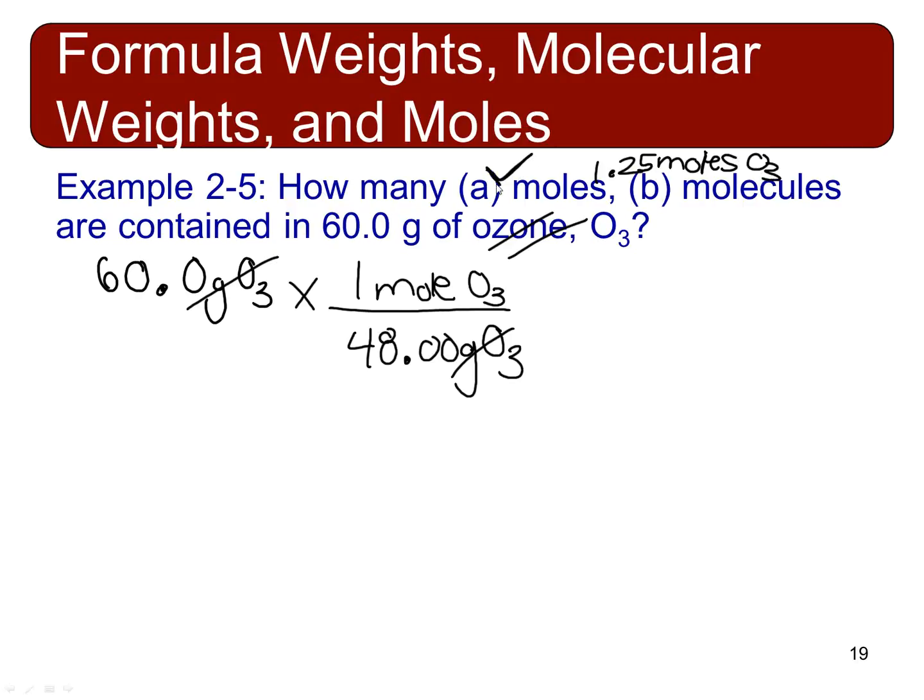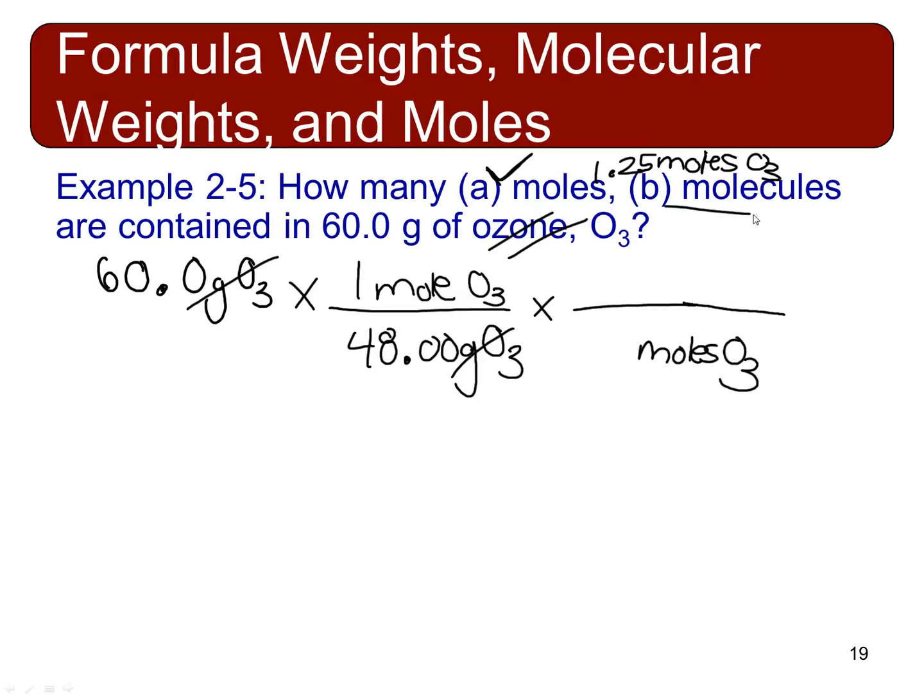But B asks to go to molecules, so we don't have to rewrite all this. We can just add that last step on there. We've got moles of ozone, so we know we've got to have moles in the denominator.